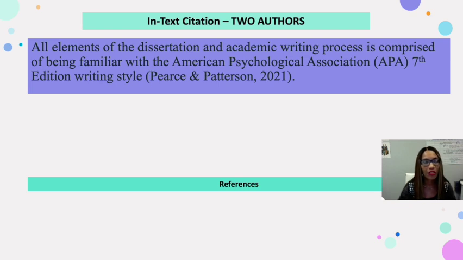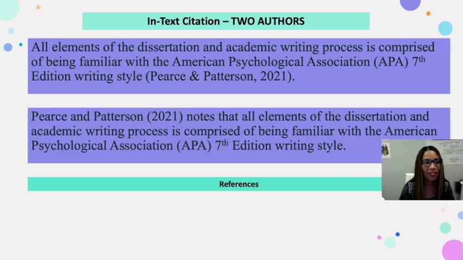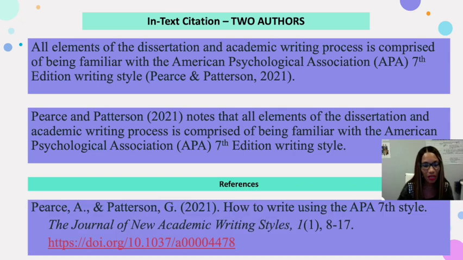If you wanted to say that these authors said or noted certain information, instead of the ampersand, you are just going to say Pierce and Patterson, 2021 in parentheses, said this.